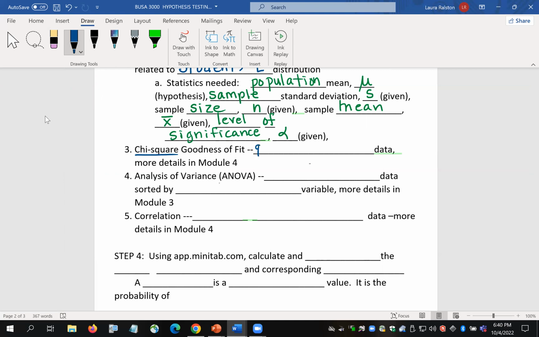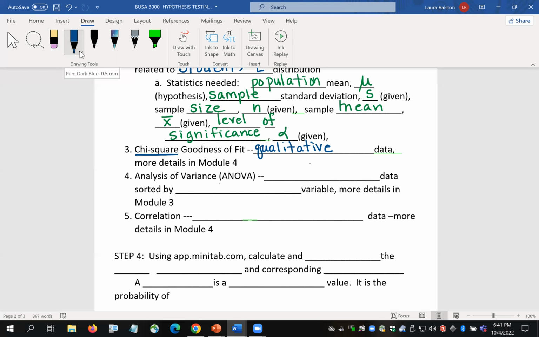Goodness of fit is one of the few statistical analyses that you can conduct on qualitative data. And so we do talk about that in Stat 1401 so that you don't think that qualitative data cannot be analyzed. Again, we will visit that topic in Module 4.